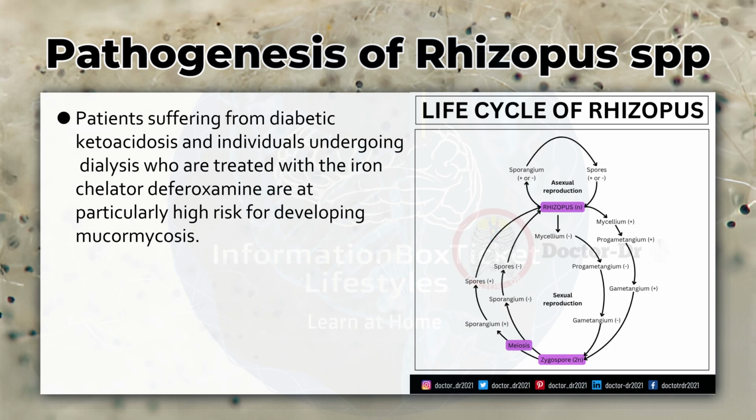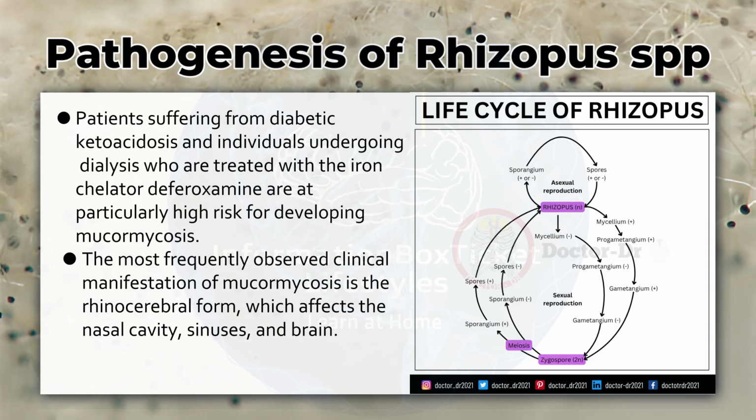Patients suffering from diabetic ketoacidosis and individuals undergoing dialysis who are treated with the iron chelator deferoxamine are at particularly high risk for developing mucormycosis. The most frequently observed clinical manifestation of mucormycosis is the rhinocerebral form, which affects the nasal cavity, sinuses, and brain.